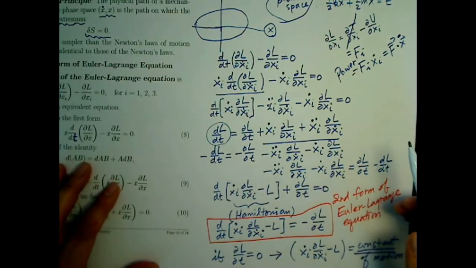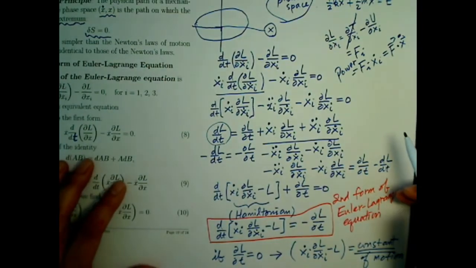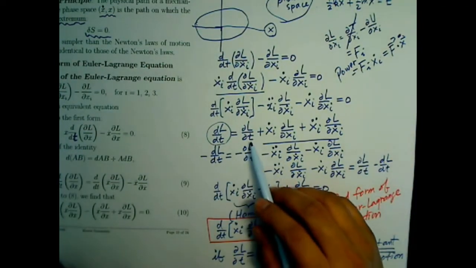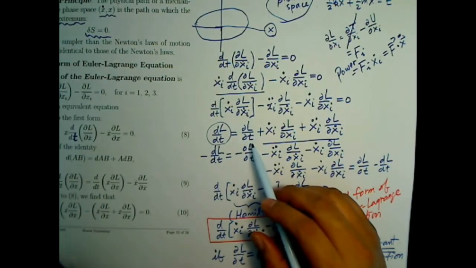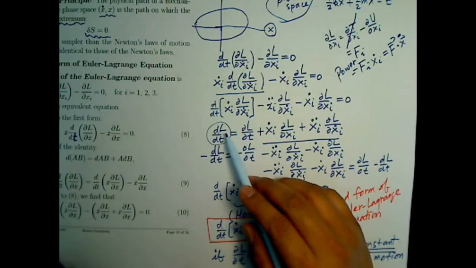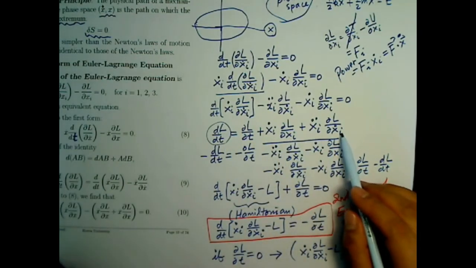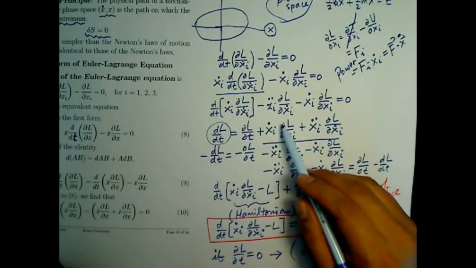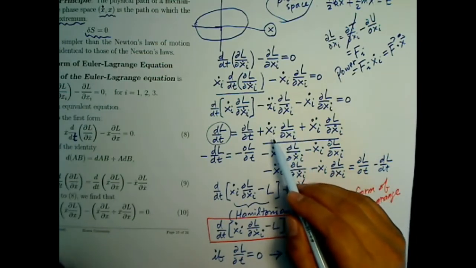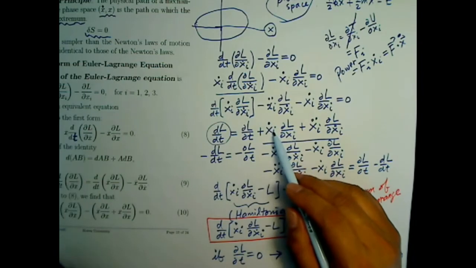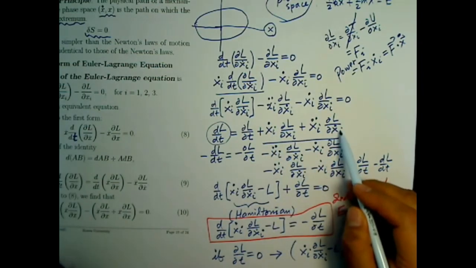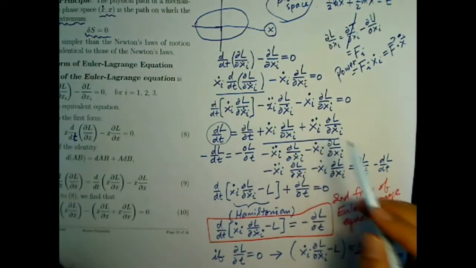And if we write down the total time derivative of the Lagrangian, it should in general be a sum of the partial time derivative, and because the Lagrangian is a function of x_i and x_i dot, we take the derivative and use the chain rule, multiplying x_i's time derivative and x_i dot's time derivative.